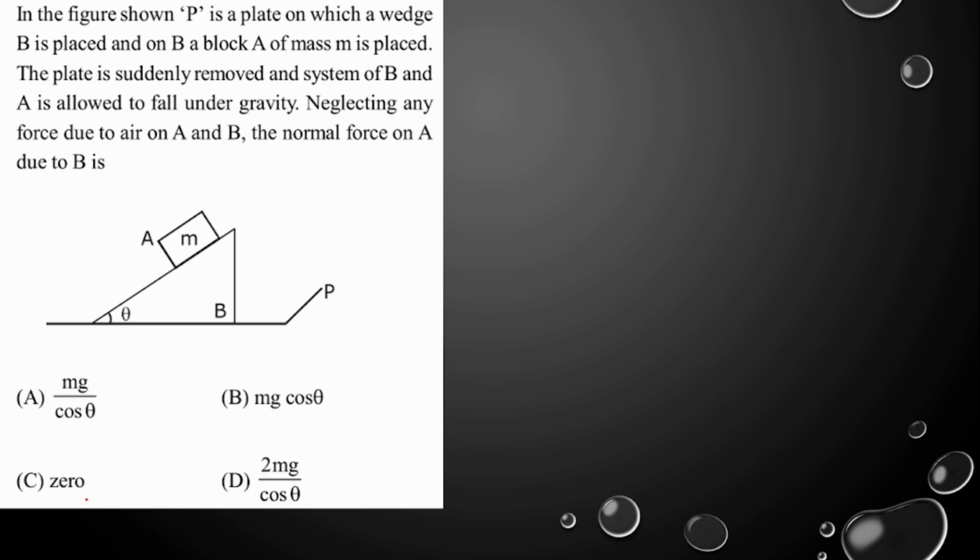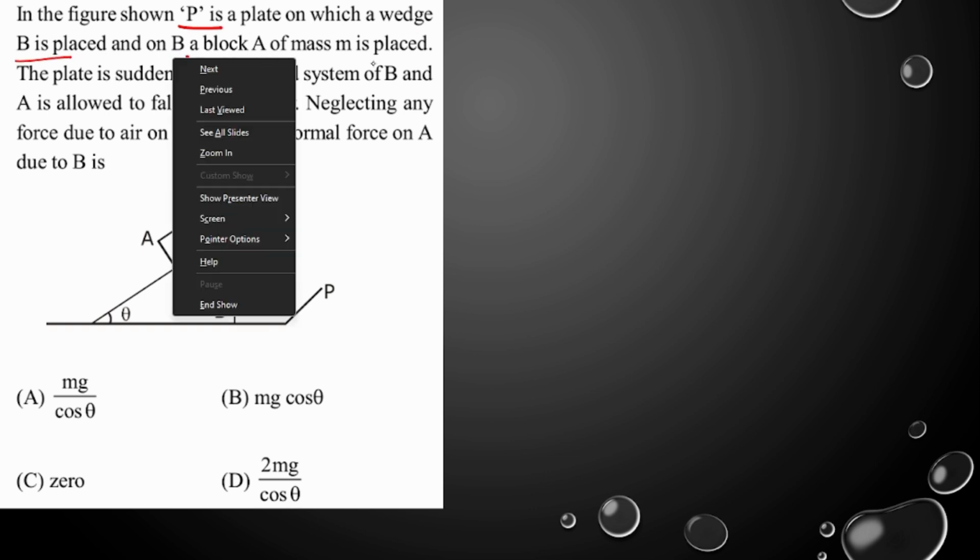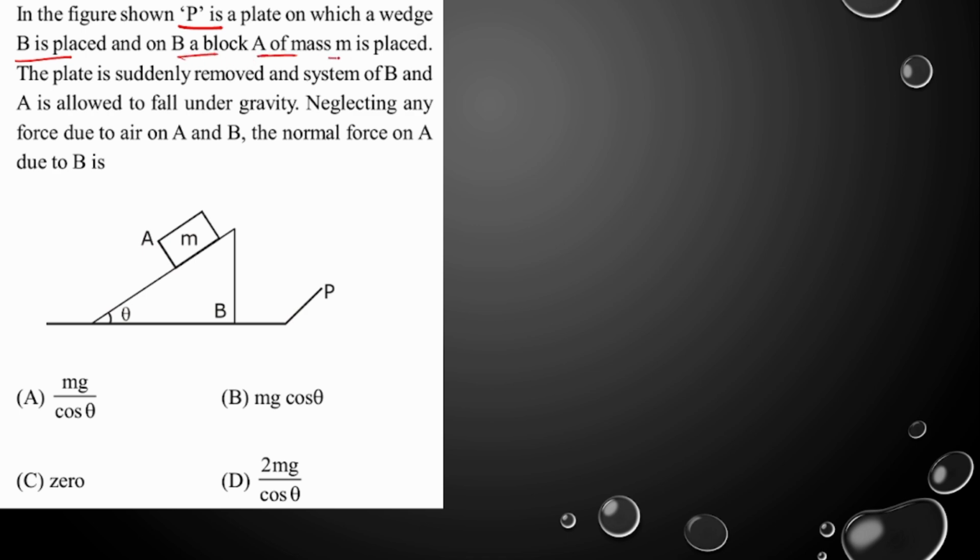Next, here we have P, a plate, and B is a block of mass M placed on it. Over that we have placed a block A having mass small m, and suddenly the plate is removed and the system A and B is allowed to fall under gravity. Both the blocks are falling under g, neglecting any force due to air on A and B. What is the normal force on A and B?